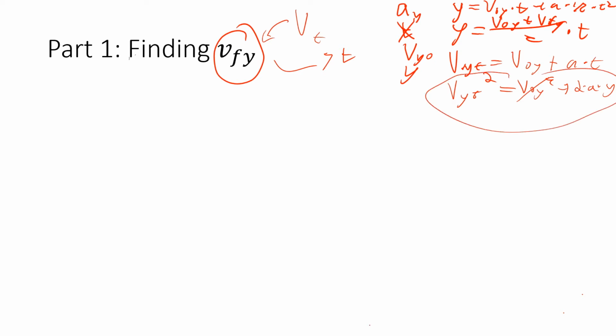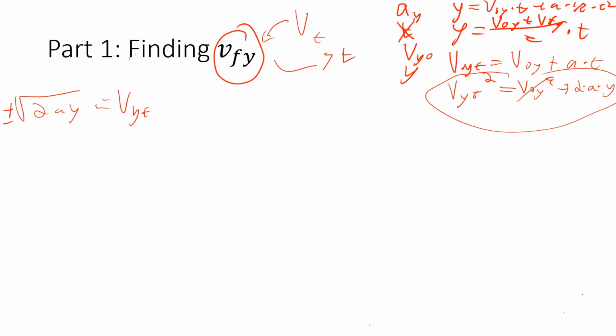Well, first, we can do the square root of 2ay equals the final velocity in y, not squared, because we just did a square root. And actually, it's plus or minus, so plus or minus the square root of 2ay equals the final velocity of y. And why is it plus or minus?